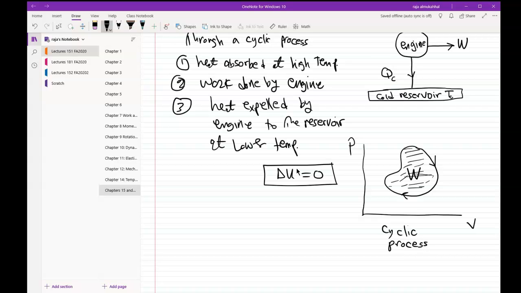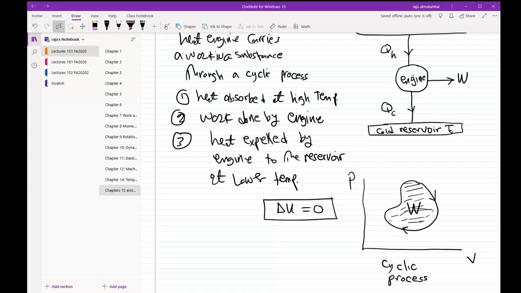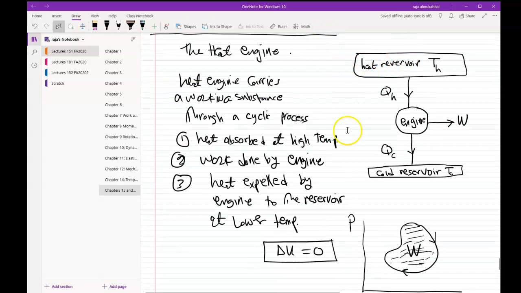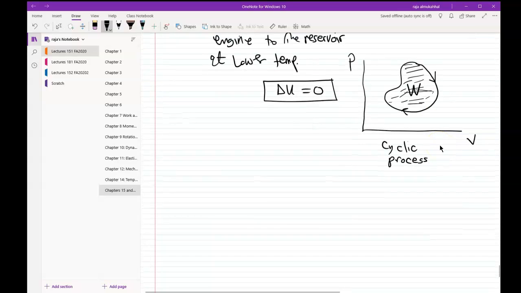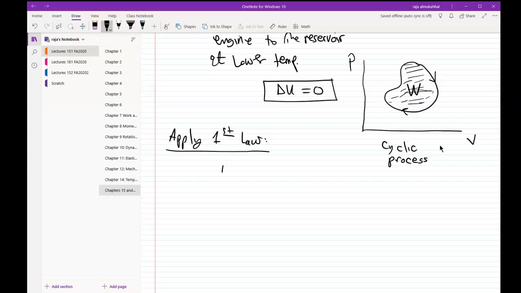You get that? So let me go back and apply all of that with this diagram in mind. I hope you've written it down already. And let's apply the first law of thermodynamics. As you know, the first law says delta U equals the difference between Q and W, right?